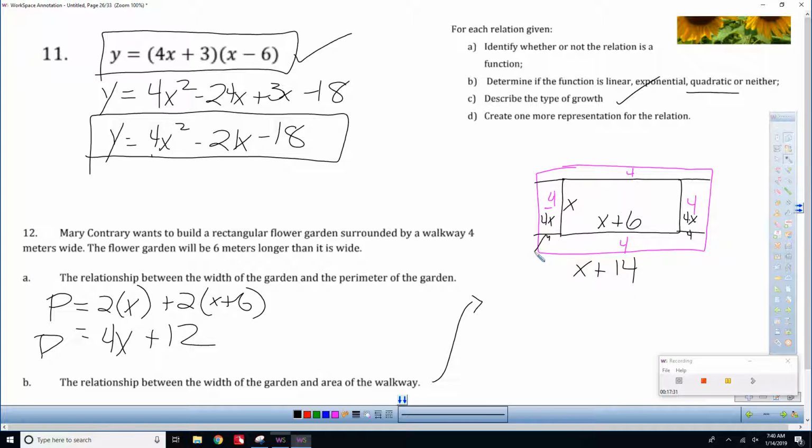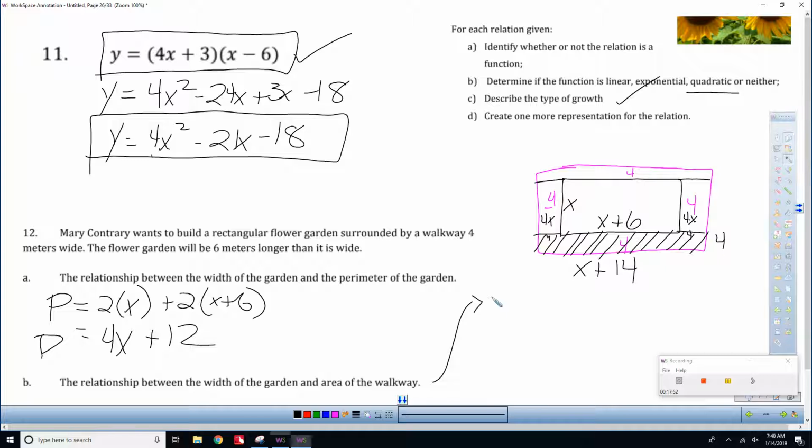So the area of this thing right here that I'm shading in black is x plus 14 times 4. So it's 4x. There are 2 of these black shaded areas.